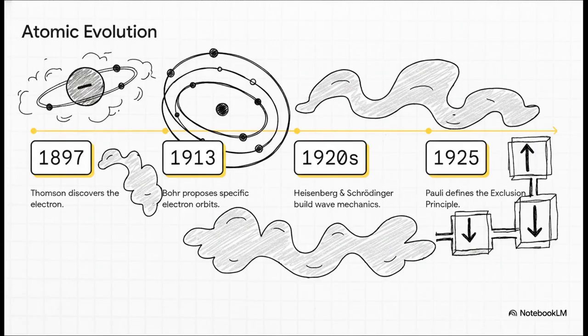Electrons don't just fly around randomly, they exist in specific fixed orbits. Then, by the 1920s, brilliant minds like Heisenberg and Schrödinger established wave mechanics. They essentially proved that electrons behave like waves, not just tiny particles. And finally, in 1925, Pauli defined his famous exclusion principle. The big takeaway here is how every single one of these discoveries progressively built a set of strict, unbreakable rules that electrons absolutely must follow.